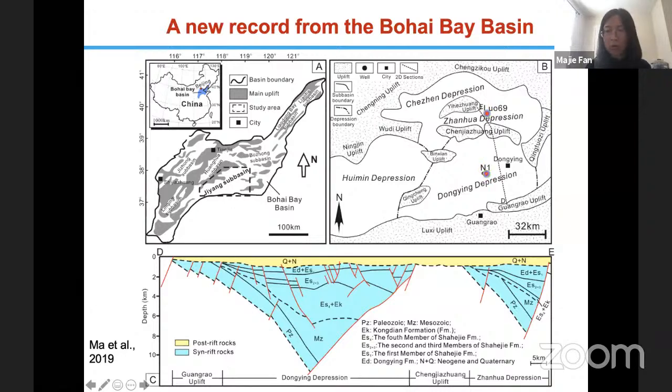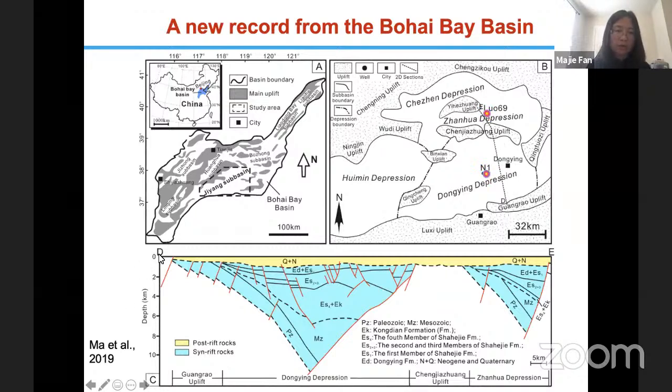We looked into cores. We had two cores, one numbered Lord 69, the other numbered N1. Then we can look into the position of the sedimentary package within the basin by following this cross section from south to north.